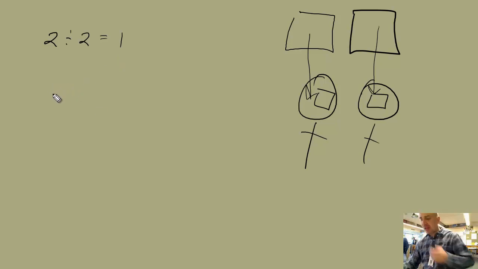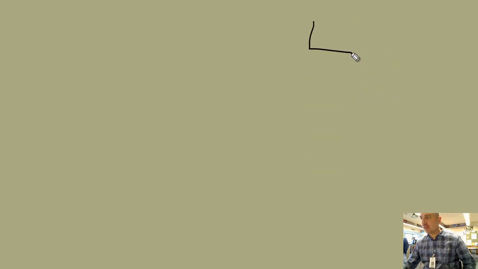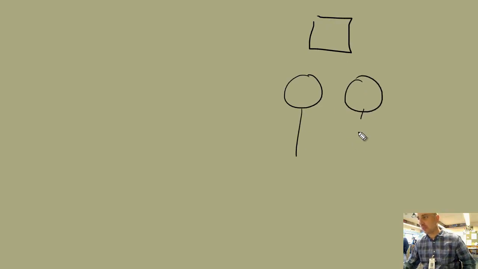Now imagine that we only have 1 cracker to give to our 2 people. How much would each person get? Well, you would have to cut that cracker in half first.